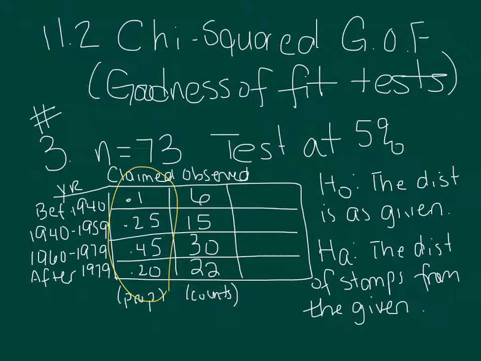You can write something along those lines. You're really testing to see, is the distribution that's claimed the correct one, or is the distribution of stamps something different from what is given? Those are always your hypotheses in a goodness of fit test. So if you have a goodness of fit test, this is your H0 and this is your HA.